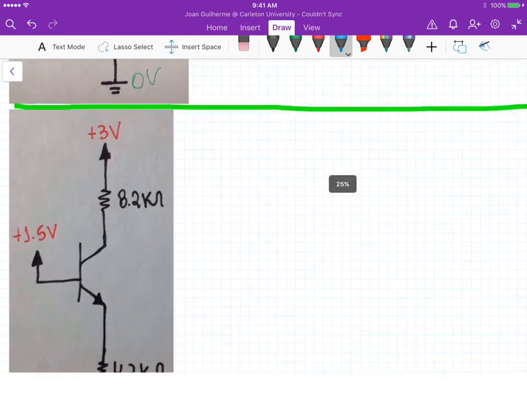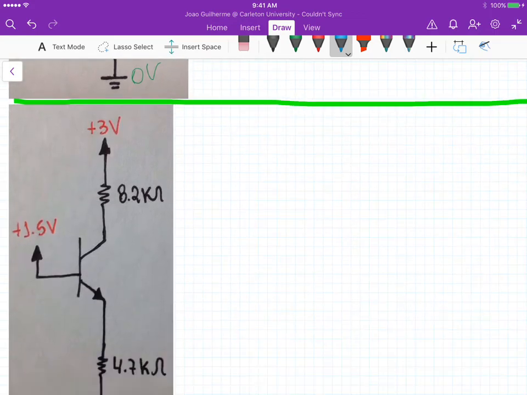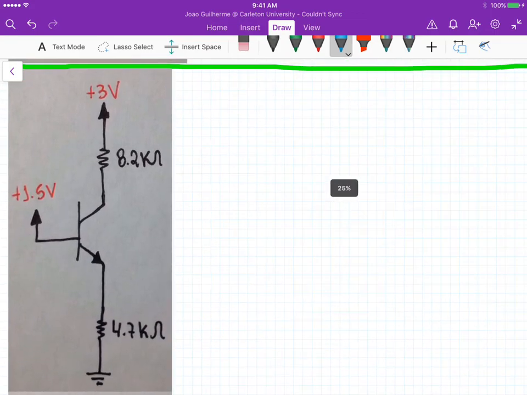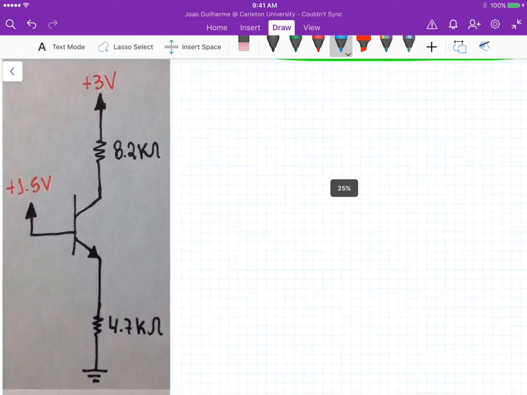So the last problem on this exercise, we have now an NPN. So now it is an NPN. So we have the emitter here, we have the collector up here, and we have, sorry, let me try to use the same colors.